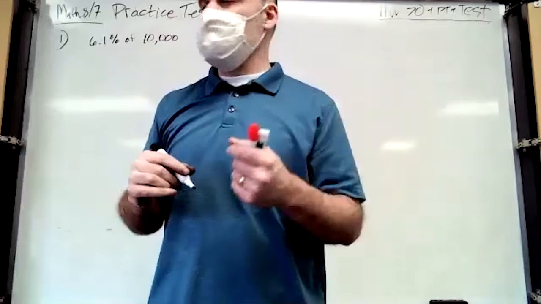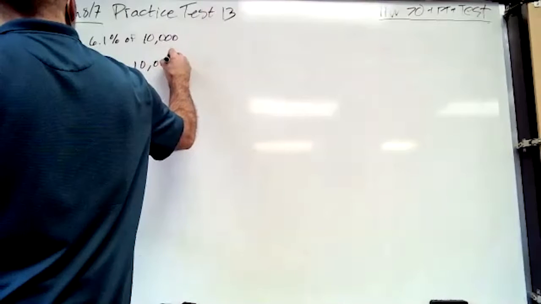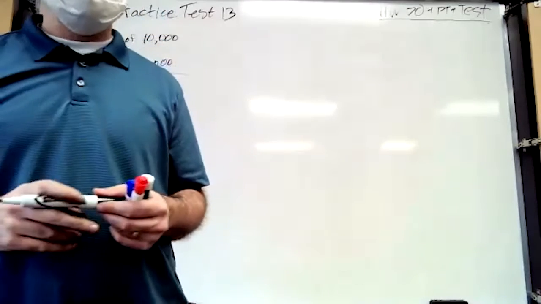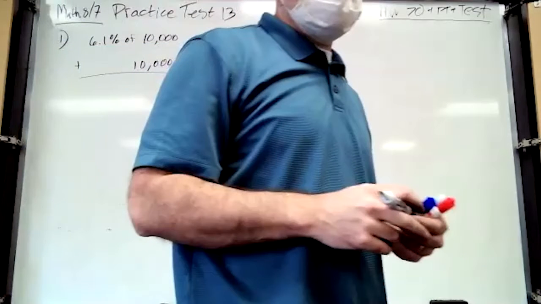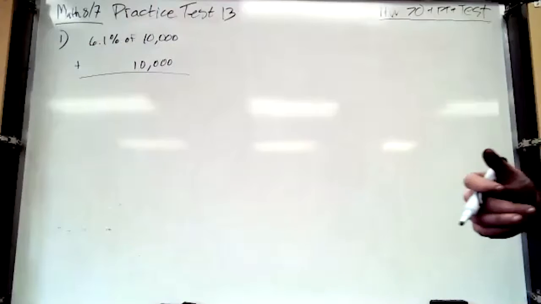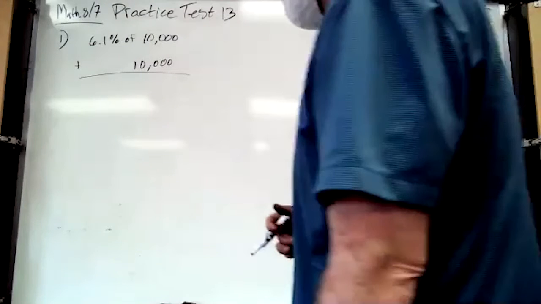Use 6.1 times 10,000. Whatever 6.1% is of 10,000, that's what you're going to add to 10,000. So how do you find 6.1% of 10,000?